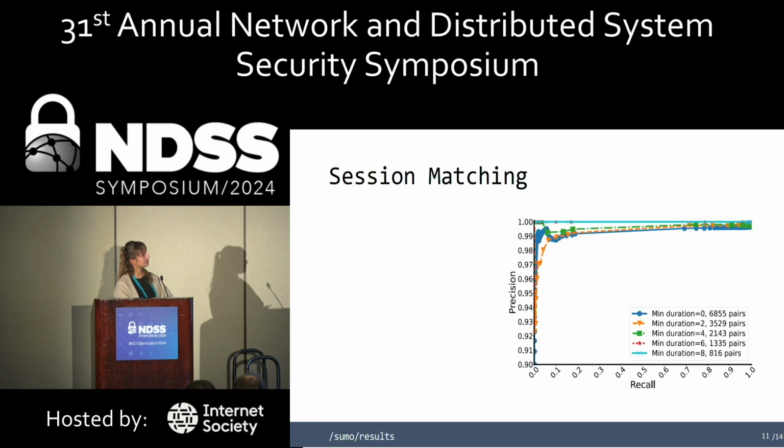And now to the last phase of our pipeline. Here we see the zoomed-in precision recall curve for only over 90% precision, and we have multiple curves for different minimum durations for the sessions considered by our correlator.